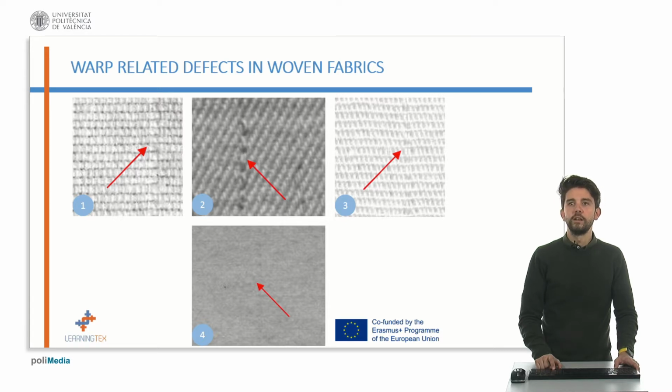Those defects occur because of an absent thread in the fabric, a defective thread, an excess or decrease of thread compactness, and the existence of two end threads in the place where there should be only one, for images 1 to 4.